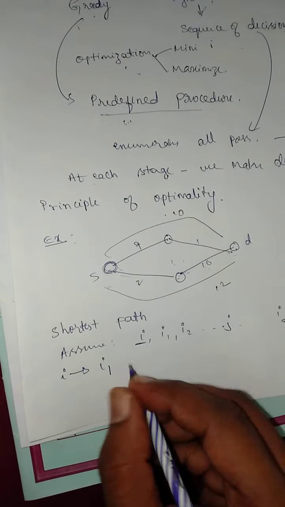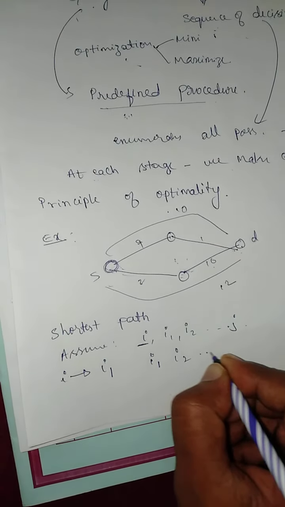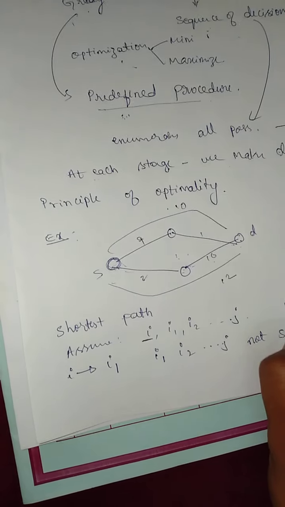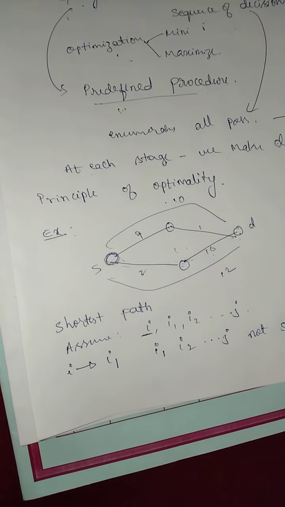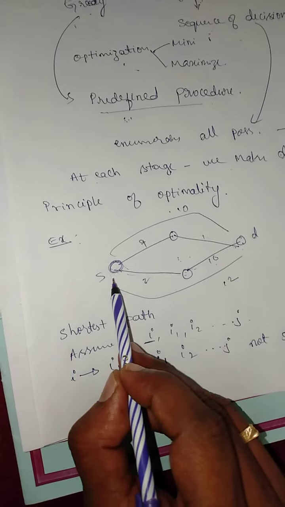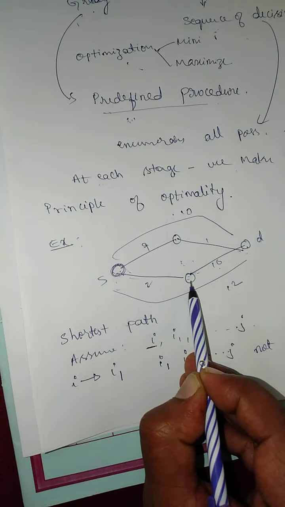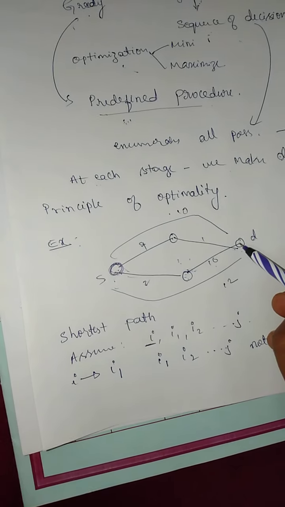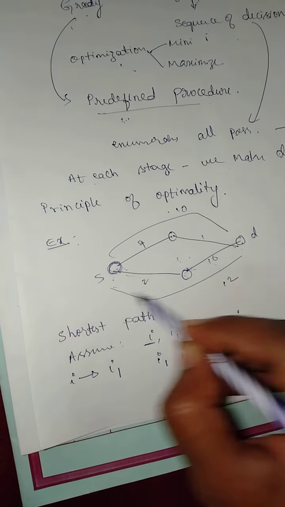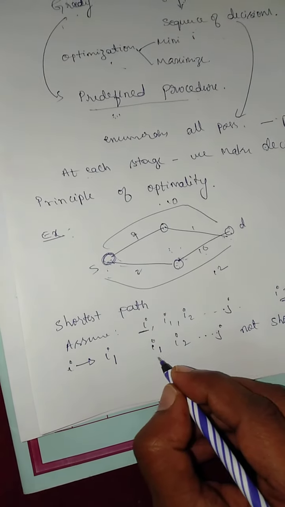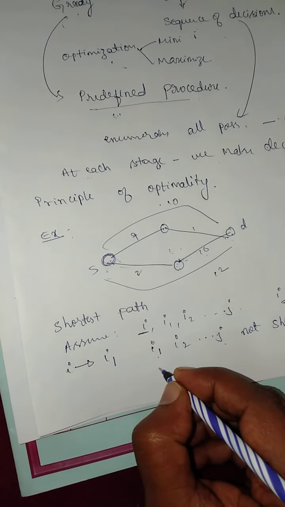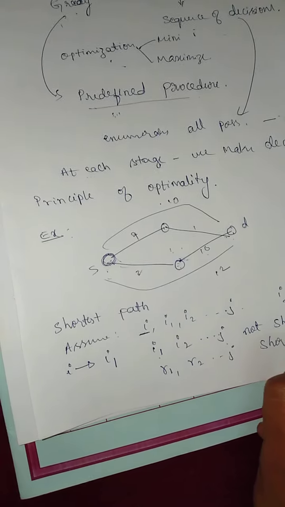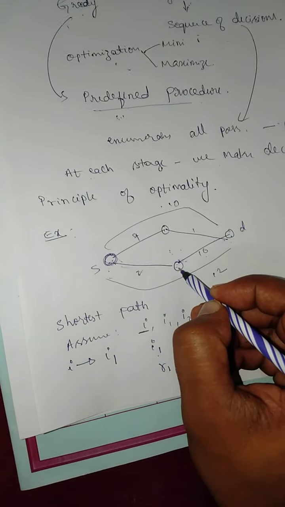And if I1, I2, up to j is not a shortest path, say, initially we made a decision from S to a vertex which has lesser cost, however from this vertex onward does not constitute the overall shortest path, then we have to go for another path, call it R1, R2 to j, which is a shortest path. Therefore, we have to take some different kind of decision here.